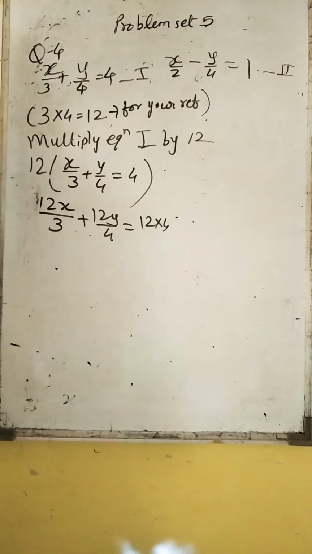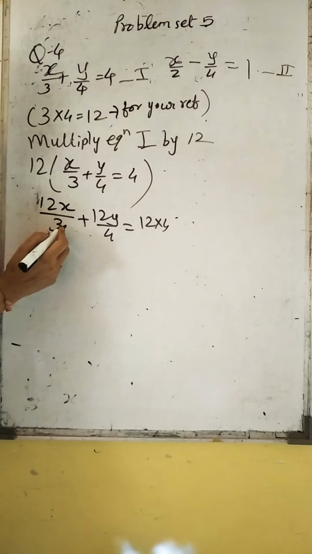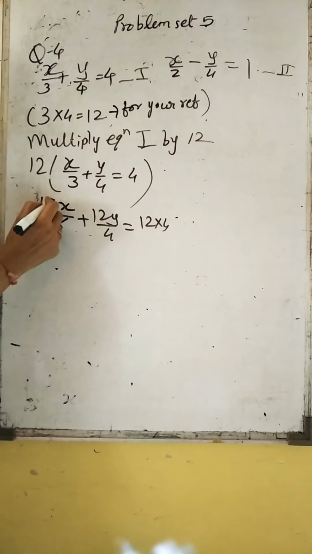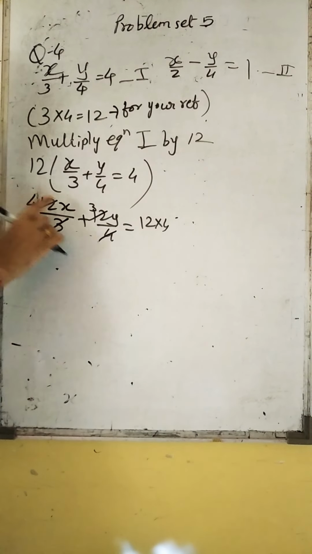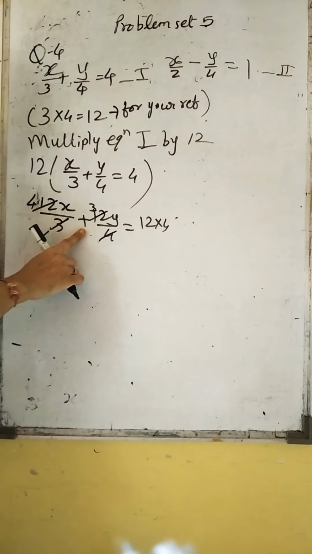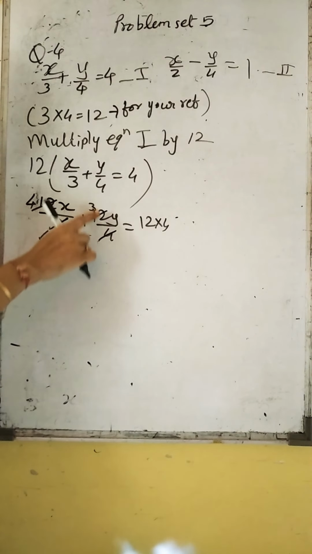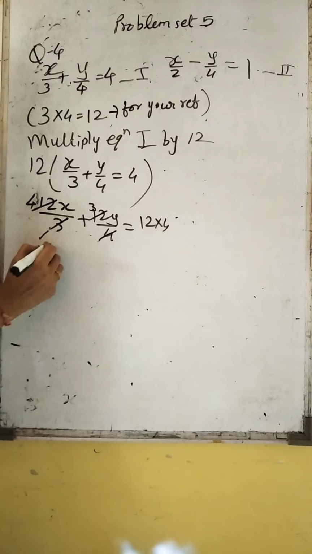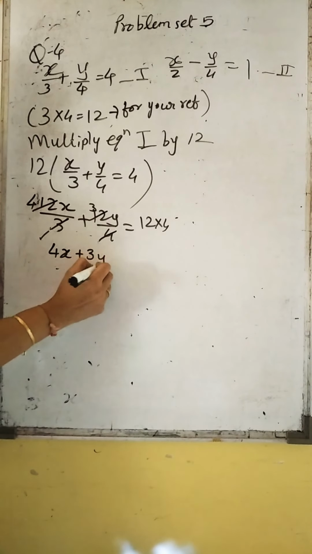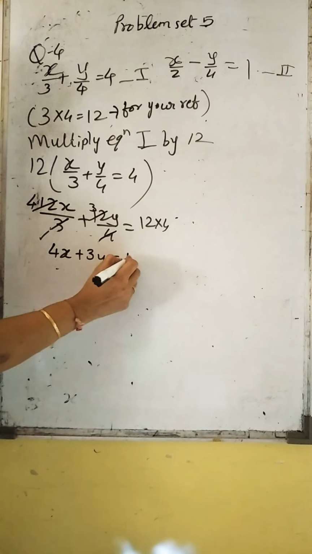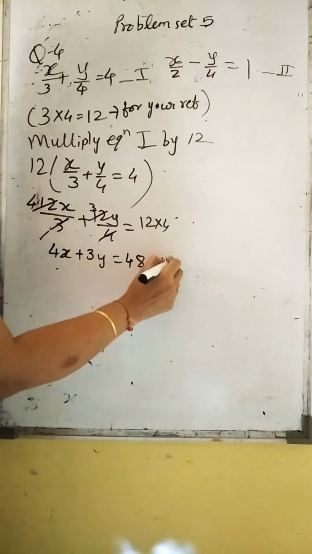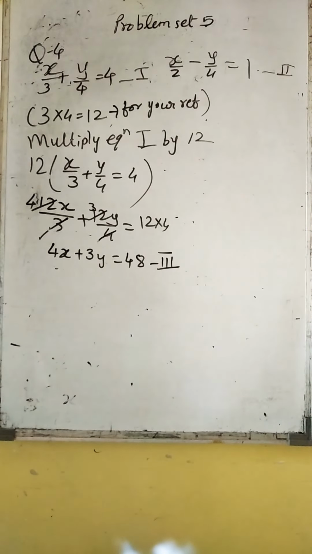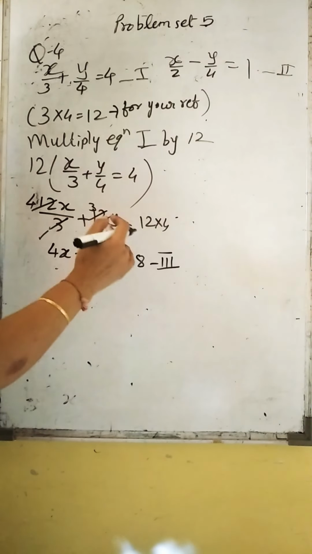So each term has to be multiplied by 12, and after you multiply, children, see if cancellation is there. Definitely cancellation will be there, and that you have to do. 3 4s are 12, 4 3s are 12. Cancellation happens top and bottom, not across, because in between the plus sign is there. Yes, cancellation has to be done top and bottom only, its own numerator with its own denominator. And what you will get? 4x plus 3y. 12 4s are 48. So this becomes your equation number 3. Followed? And now see the other equation.